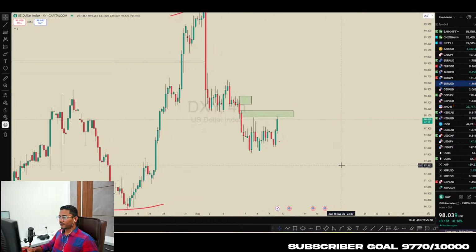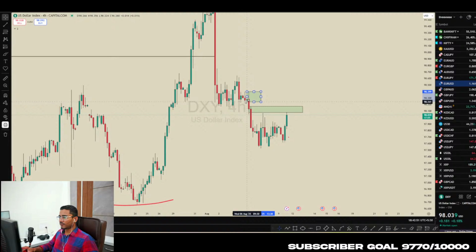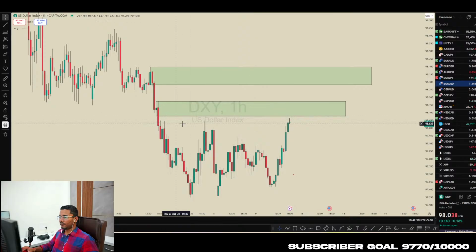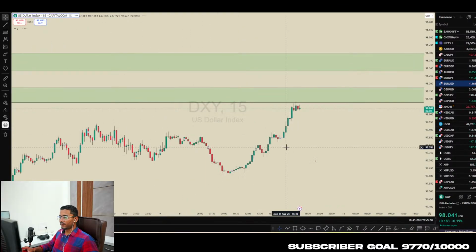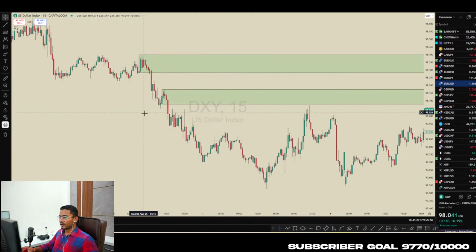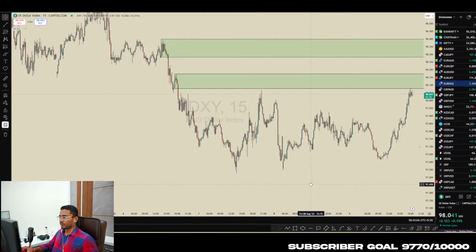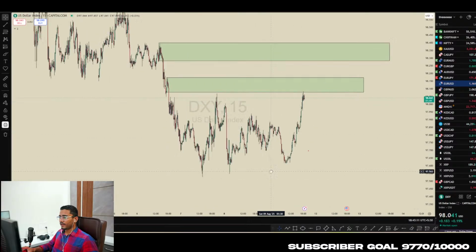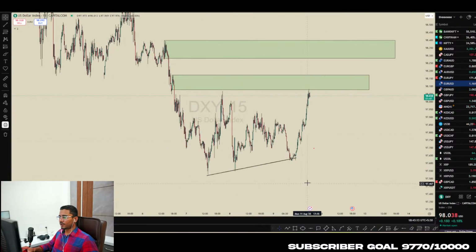If you look at this area, we have this DXY 4 hour order block. And if you look at 1 hour, we'll see that this order block has been mitigated. But if you look at 35 minutes, then we'll see that this is the candle which took out the liquidity. So this is our original order block, and price has not mitigated this order block. And here we have this trend line liquidity to the downside.